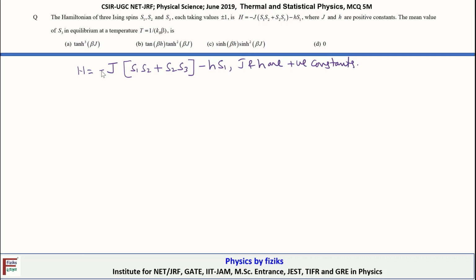Now we have to find the mean value of S3 in equilibrium at temperature T.